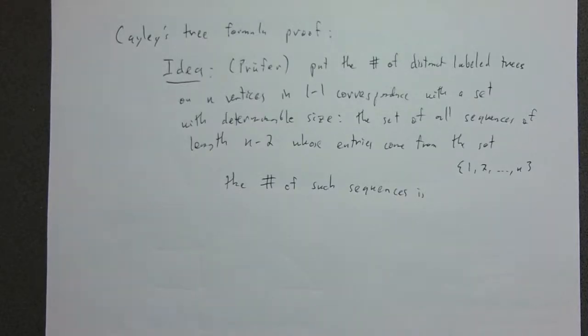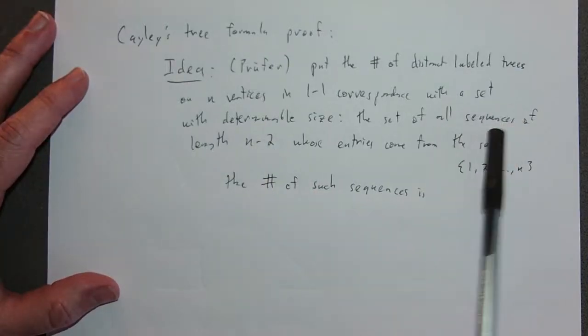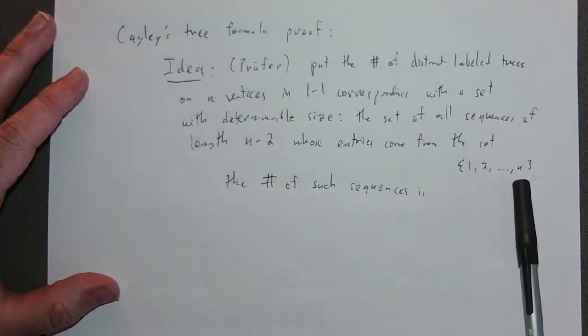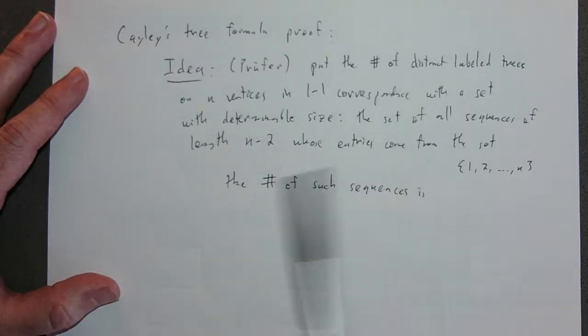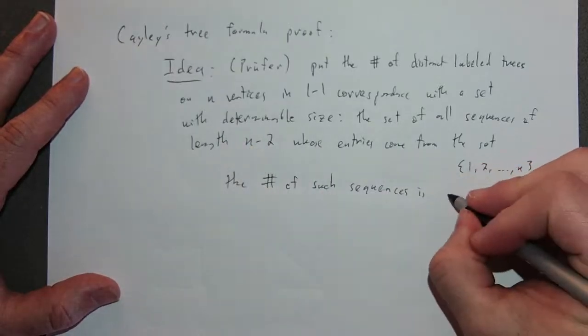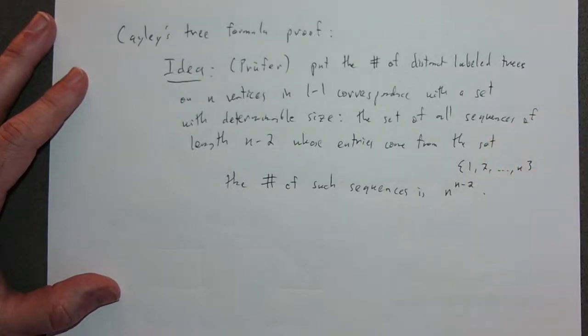There are n minus 2 entries in the sequence. They can be any entry in the set. There's n options for each one. So there's n times n times n, n minus 2 copies of that. So n to the n minus 2 is the number of such sequences.